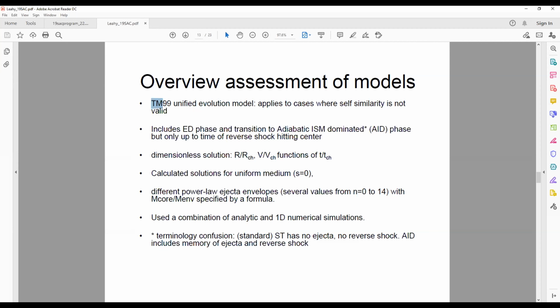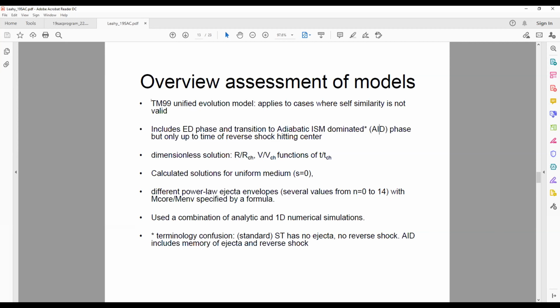I think that the basic model which you could use to start with is Truelove McKee 99. They include the early ejecta-dominated phase and the transition between the ejecta-dominated phase and what I don't know what to call Sedov-Taylor. Sedov-Taylor may be a good name, but the Sedov-Taylor model is a bad description of it. I don't know if it'll change. In the papers I've published, I've always called it Sedov-Taylor, even though it's not.